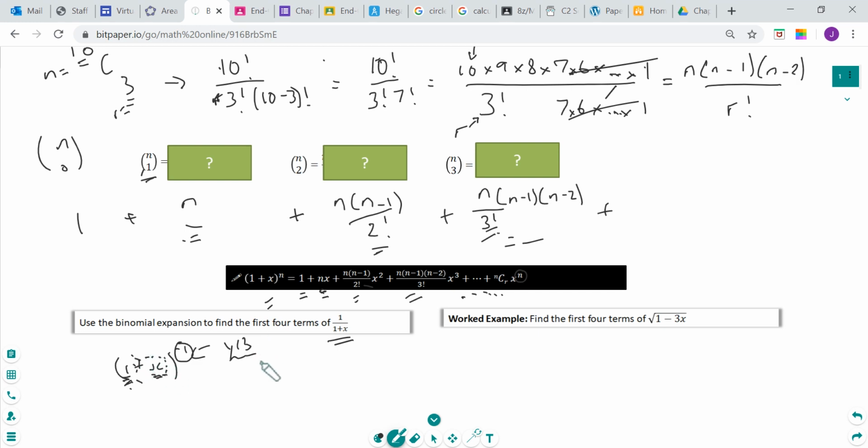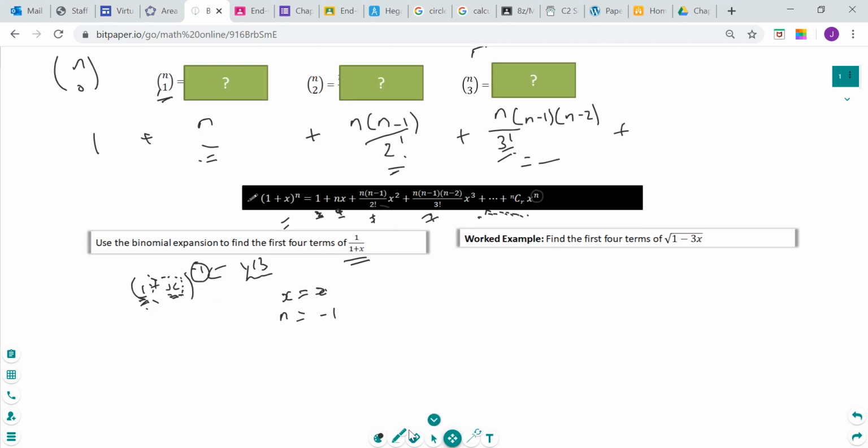So what I'm actually going to do, and it's going to look quite strange at the moment, is I'm going to say that x is equal to x. And then n is equal to minus 1. Anything else we're going to do? The first 4 terms. So there's the first term, the second term, the third, the fourth. So this is very common that you are asked to find out the first 3 or the first 4 terms. We don't generally go any further than that.